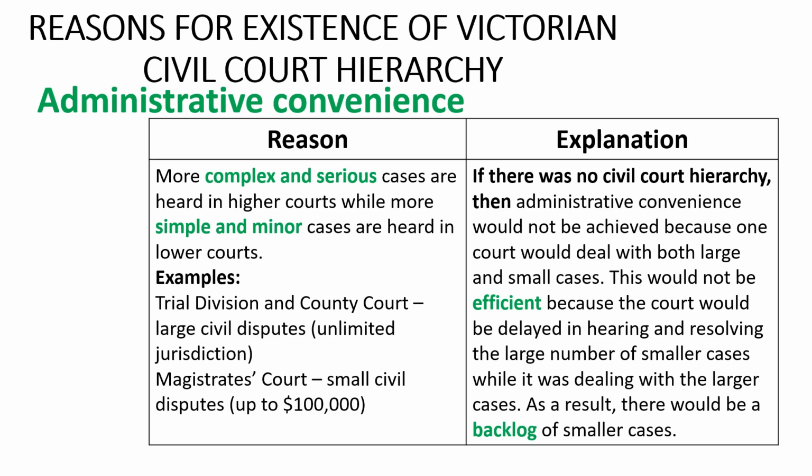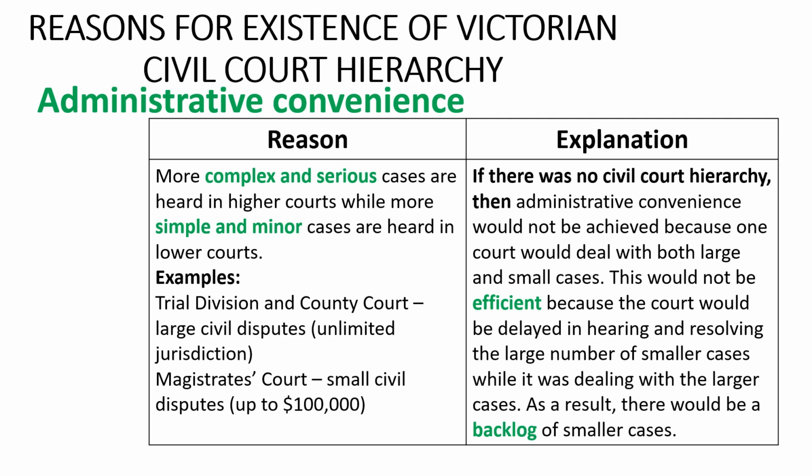If the question is about the reasons for a Victorian criminal court hierarchy, then make sure you give examples that relate to the Victorian criminal court hierarchy. Of course, if the question just relates to the Victorian court hierarchy, you can use examples from either the Victorian civil court hierarchy or the Victorian criminal court hierarchy.